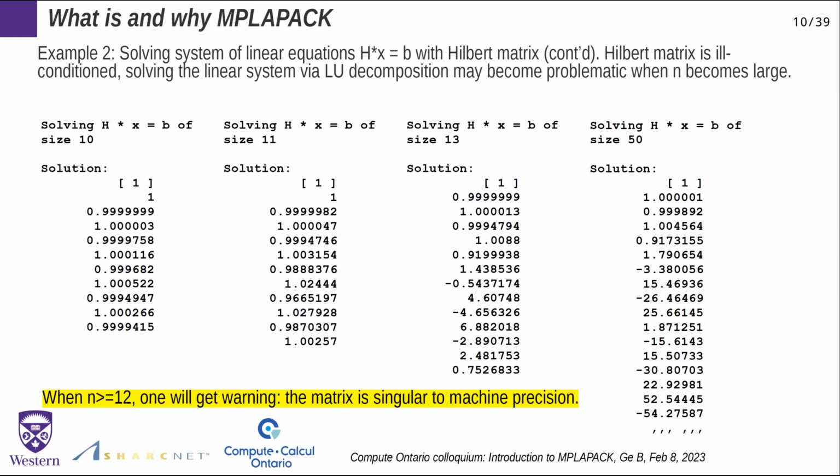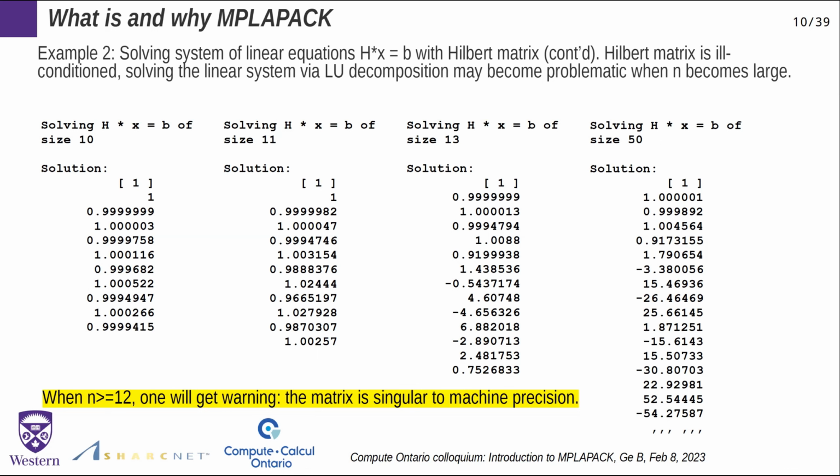So, continuing solving the linear systems. As I said, the Hilbert matrix is ill-conditioned, and solving the linear system through the LU decomposition may become problematic when n, the size, becomes large.